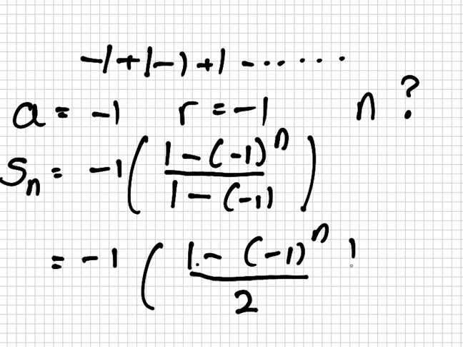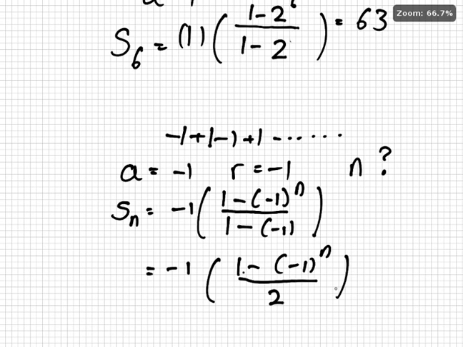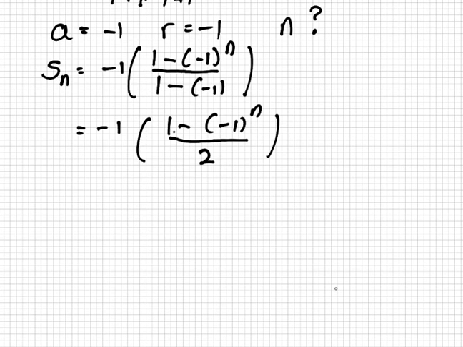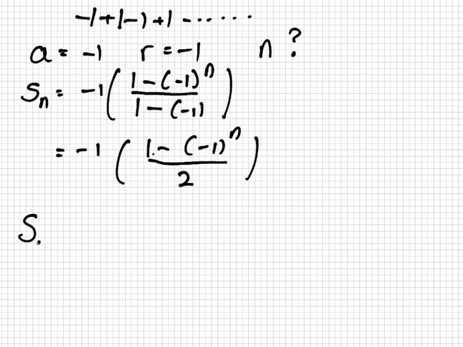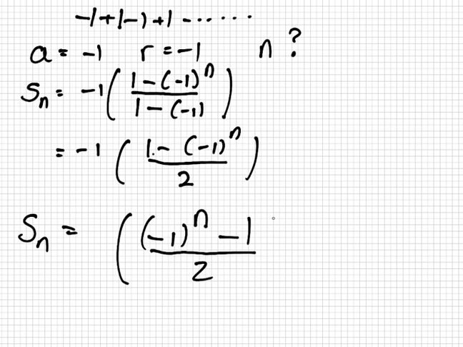Yeah. So we get Sn equals ((minus 1)^n minus 1) all over 2 is the answer.